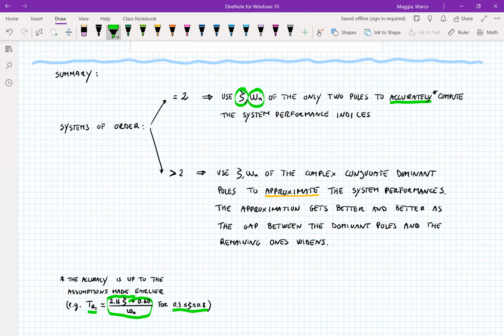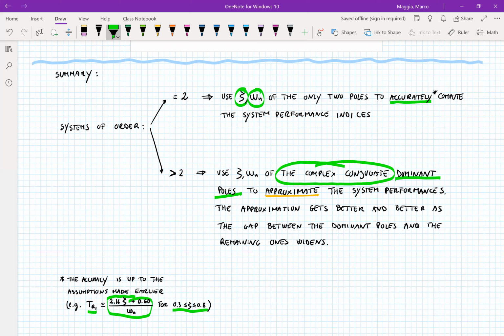What if the order of the system is greater than 2? Well, then in this case, you have to locate the dominant poles. Here I wrote that they should be complex conjugate, but I'll show in a second that they might also not be.